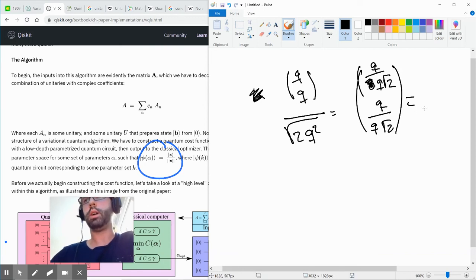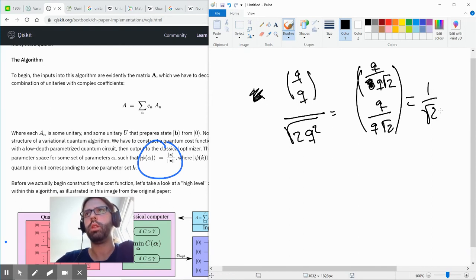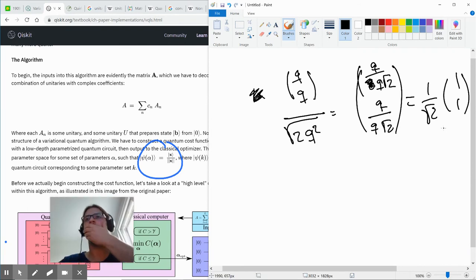And this is, yeah, but this is effectively telling me Q can be whatever. But this must be 1, 1, right? But Q can be whatever.